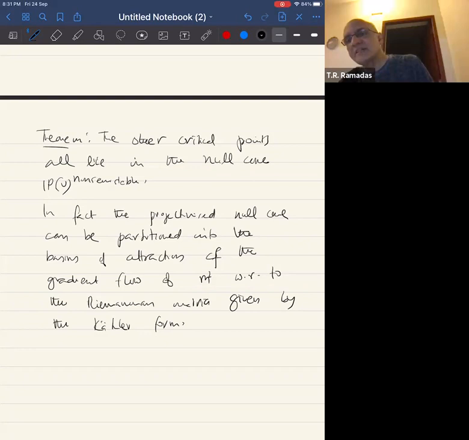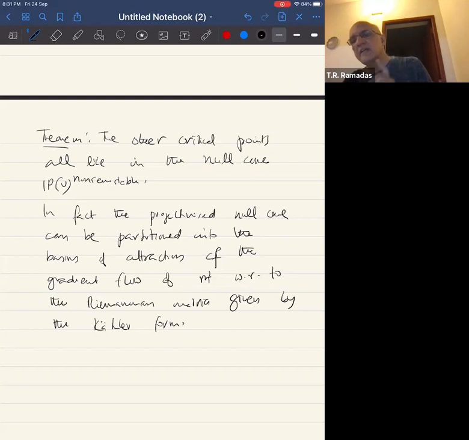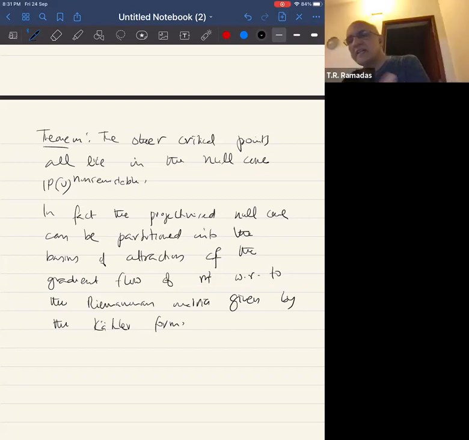Not minima, critical points. Every minimum is a critical point, but not the other way around. Correct. A critical point of a function is a point where the derivatives vanish. Because this function has value greater than or equal to 0, if it takes the value 0, it will be a critical point.